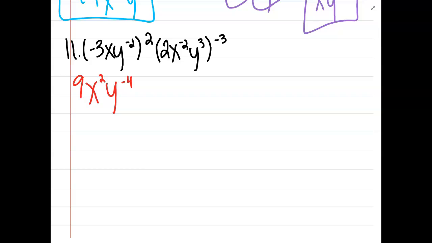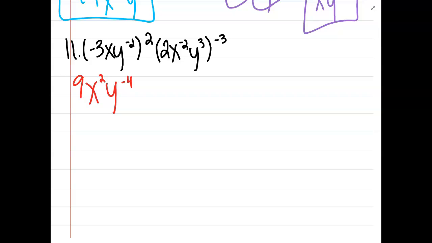Now, for the second set of parentheses, we're going to have to do this in a couple extra steps. Everything in here needs to be taken to the negative 3rd power. Whenever we talk just about negative exponents, it's like, okay, I got negative exponents, no problem. But whenever we talk about the power of a product and start putting all these other rules in, that's where people start going a little too fast.